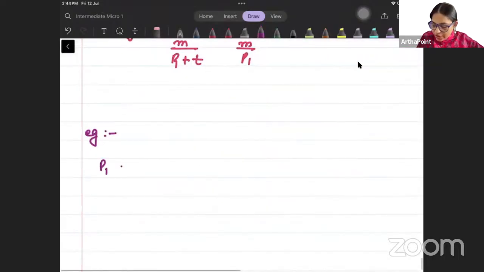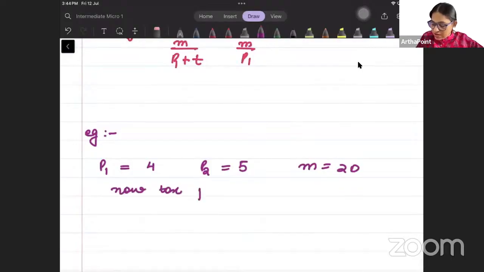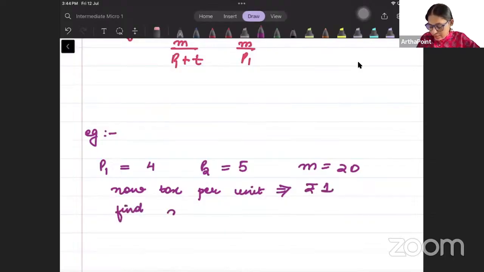Acha, example. I am telling you price of good 1 is 4 rupees. Price of good 2 is 5 rupees. Income of consumer is 20. Now, there is a per unit tax on good 1 of 1 rupee, right? Then find the new budget line.